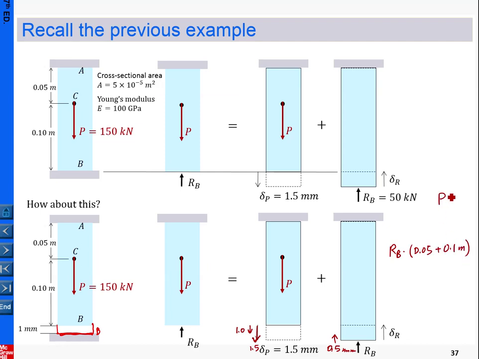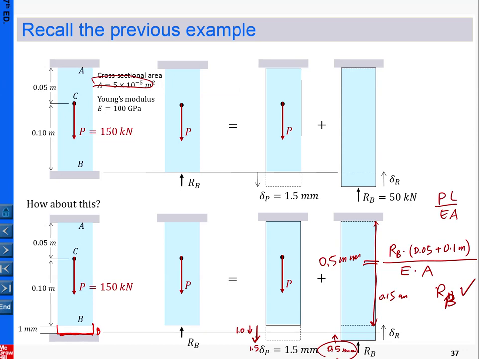That's again PL over EA, our template. L is the whole length, which is 0.15 meter, E is the given Young's modulus, and A is the given cross section. This must be equal to 0.5 millimeter right now. From here you can solve for RB.